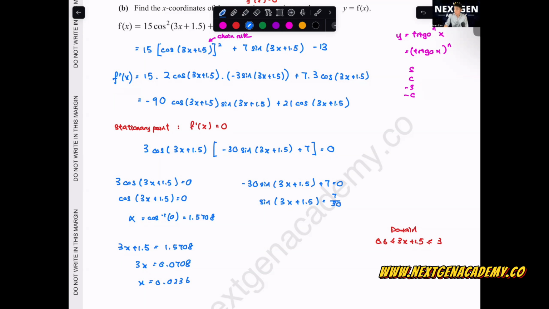The next one, we do the same thing. We inverse sine 7 over 30. So alpha is inverse sine 7 over 30. We get 0.2355. Just calculate for the first quadrant. So 3x plus 1.5 equals to 0.2355. 3x is equals to minus 1.2645. X is negative.